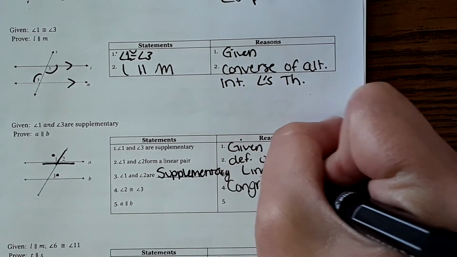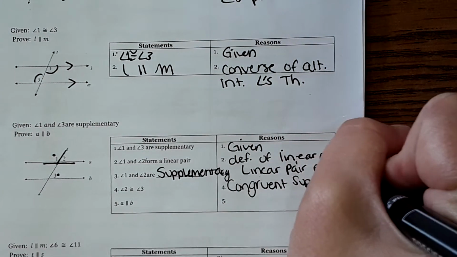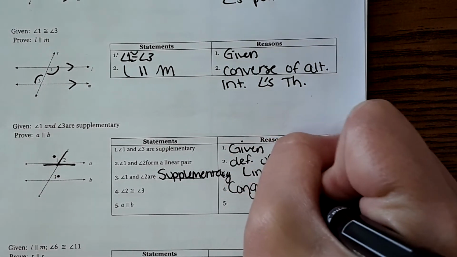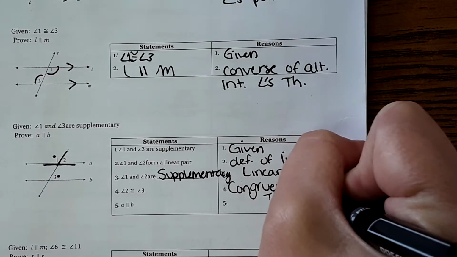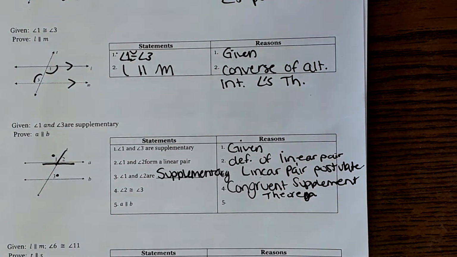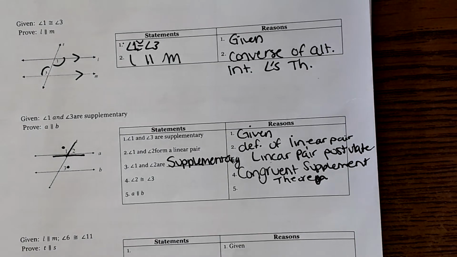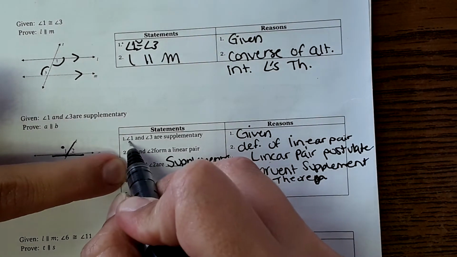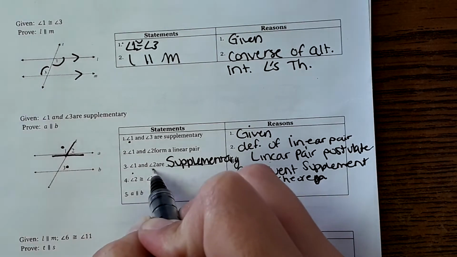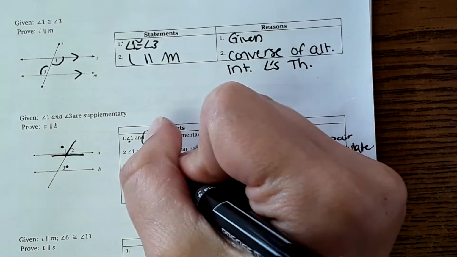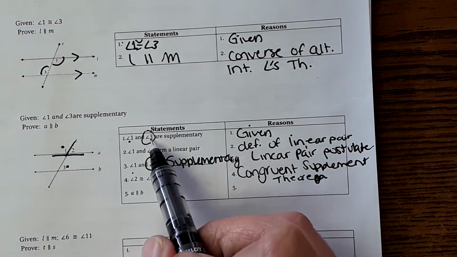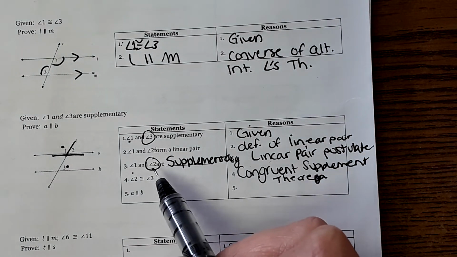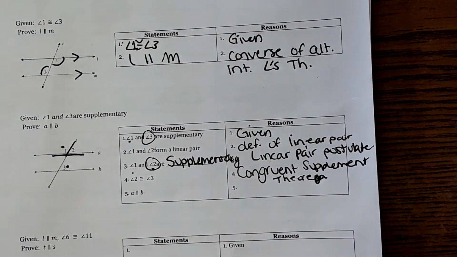It came up once briefly. What congruent supplement theorem was that if you have two angles that are supplementary and then that same angle, so angle 1 is also supplementary to angle 2, then 2 and 3 are actually equal. So if 1 is supplementary to 3 and 1 is also supplementary to 2, then 2 and 3 are equal. That was the congruent supplement theorem.